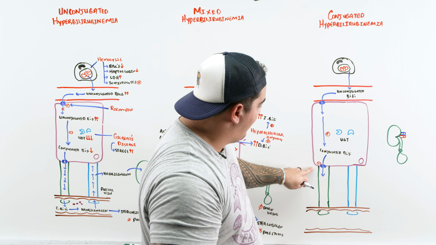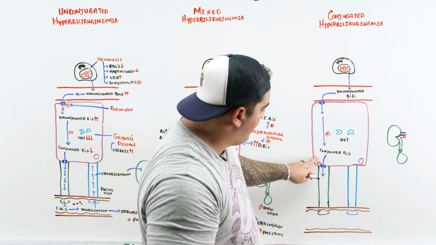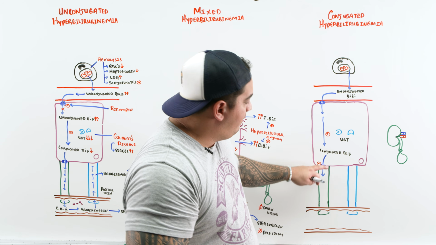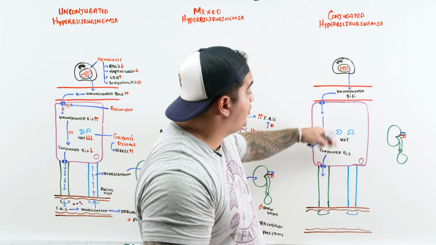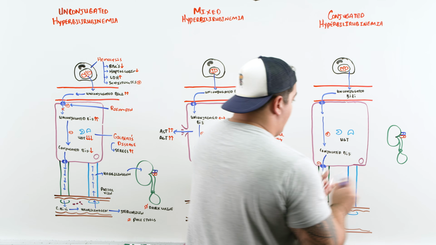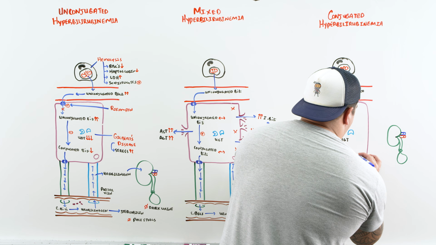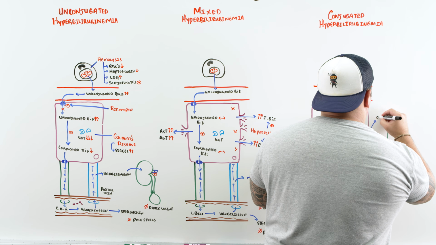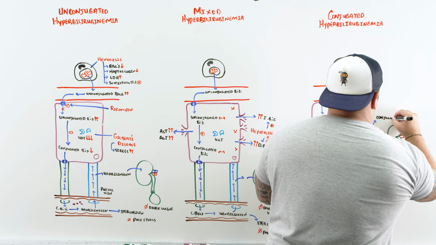If that's inhibited, I'm not going to be able to get conjugated bilirubin into these biliary ducts. Eventually, it'll build up in the cell, and some of it will start leaking into the bloodstream. So one thing I'm going to put out over here is that this conjugated bili will start rising slowly into the bloodstream.